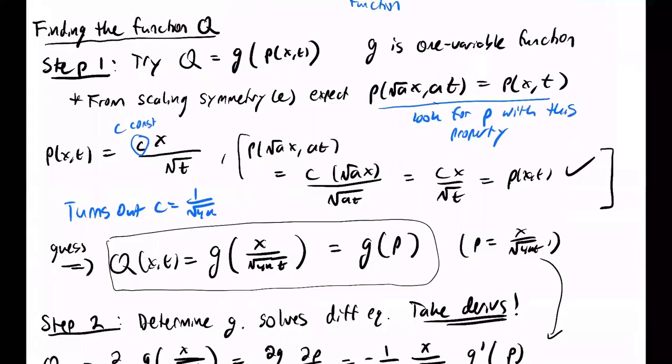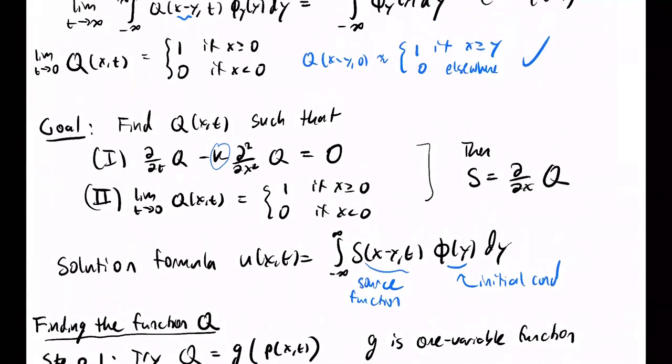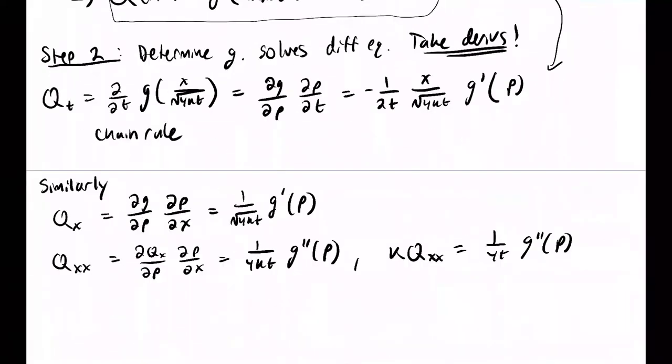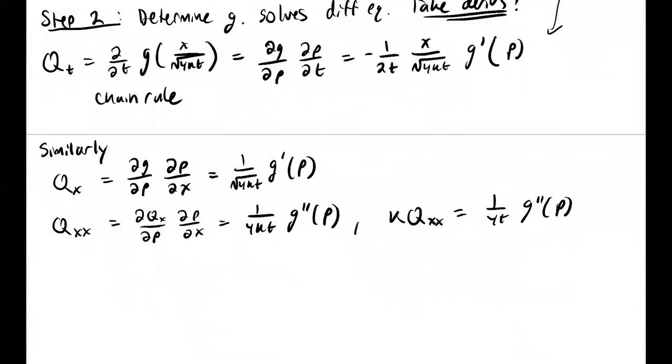Okay, and so now remember from property 1 over here, we want q to be a solution to the diffusion equation. And so what does that mean based on these formulas? Well, we want q_t minus k times q_xx to be equal to 0. Let's plug in what we got above.